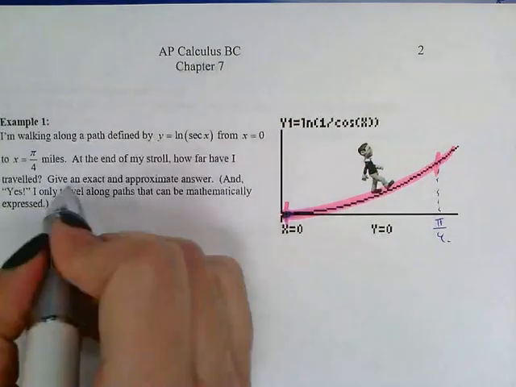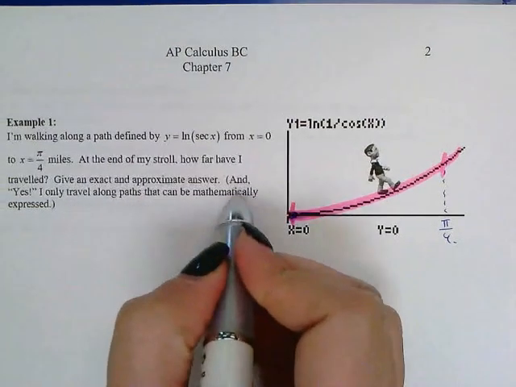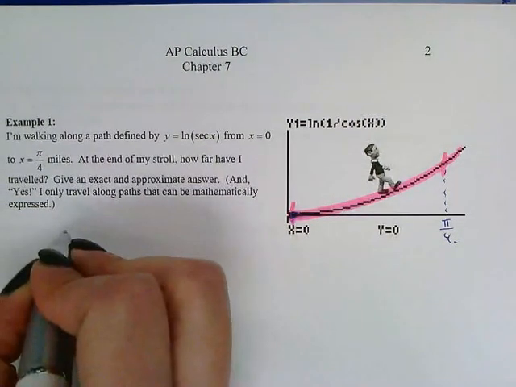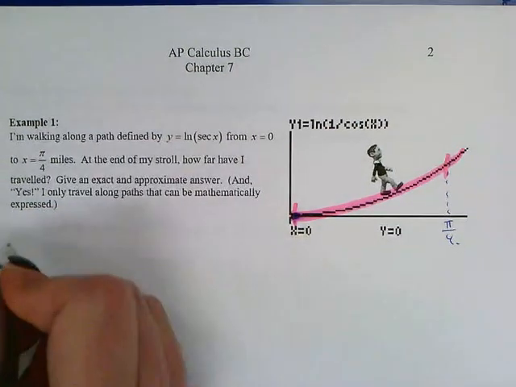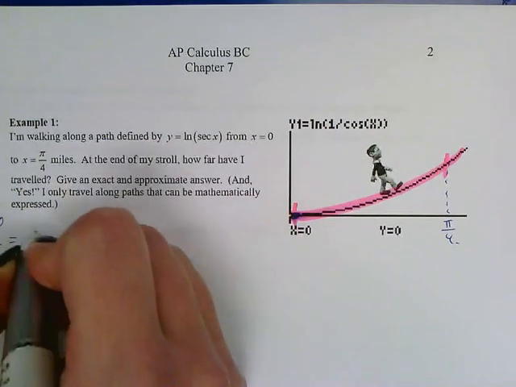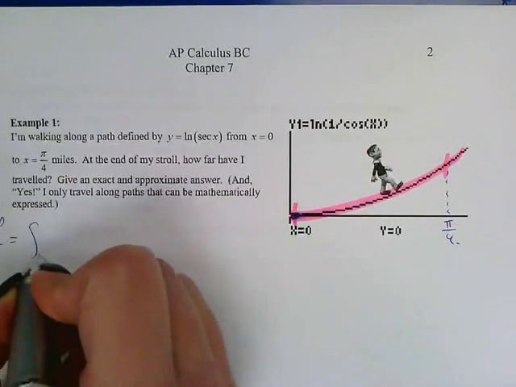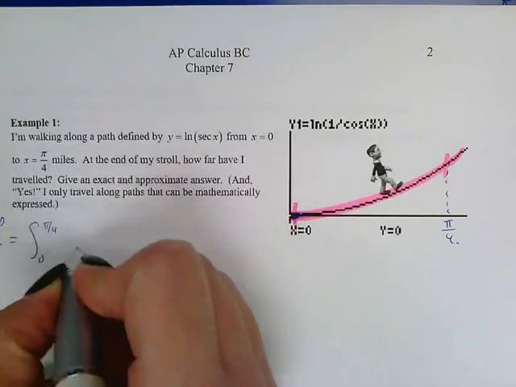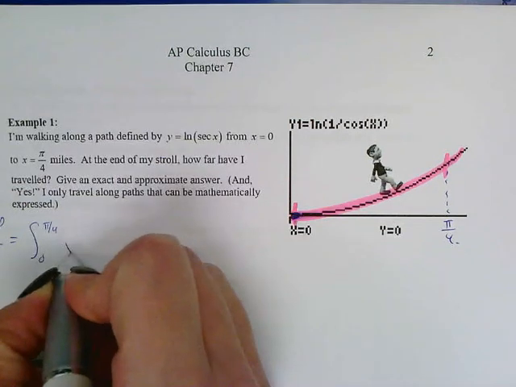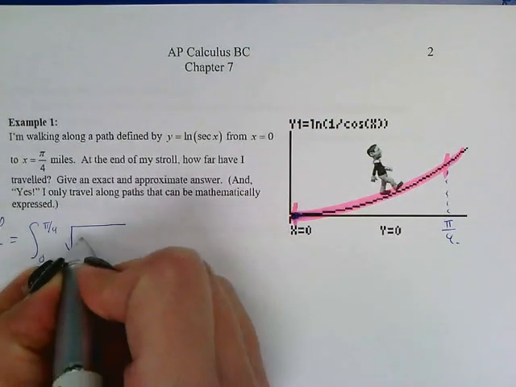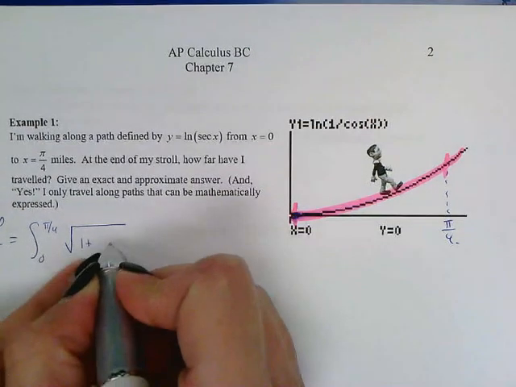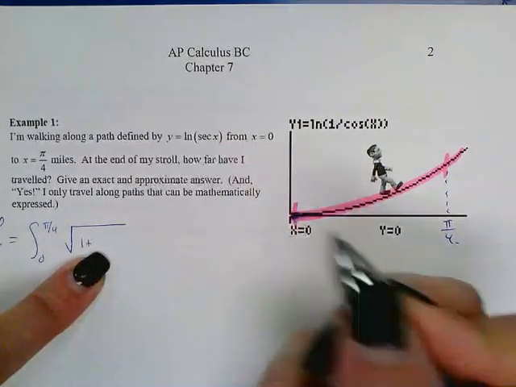So now we want to give an exact and approximate answer, and we're going to use our formula. So our length is going to be from where to where, 0 to pi over 4, of the square root of 1 plus the derivative of the function.